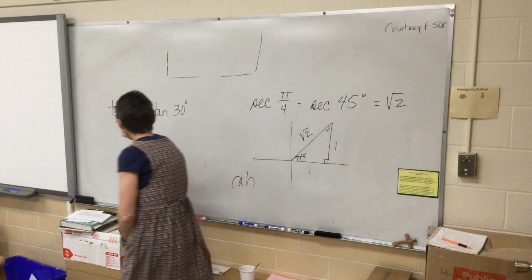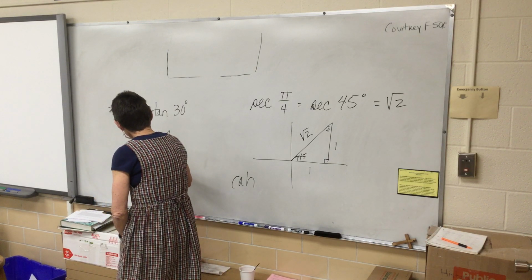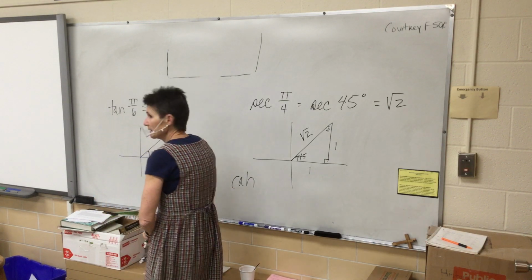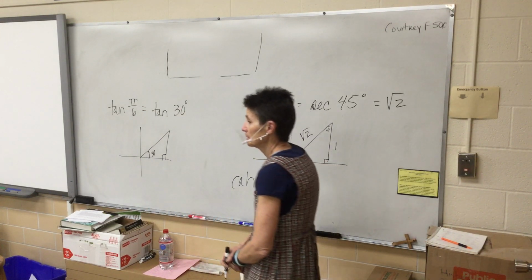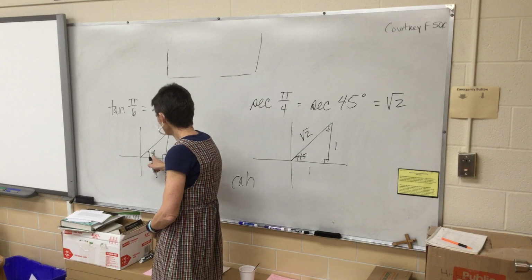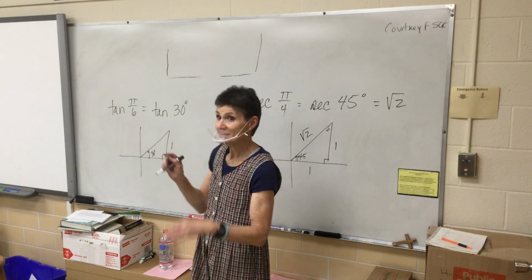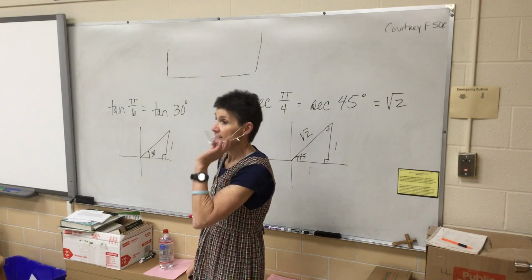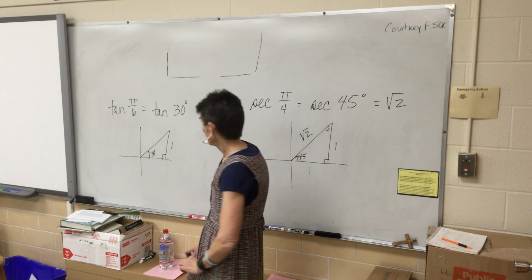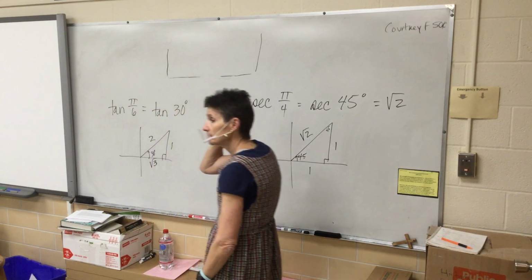So I'm going to draw the same picture I've been drawing. 30 degree angle. Drop a perpendicular, so I have a right triangle. Across from the 30 is always 1. So the triangle may be situated differently, but across from the 30 is 1. The hypotenuse is 2, and the other side is root 3.